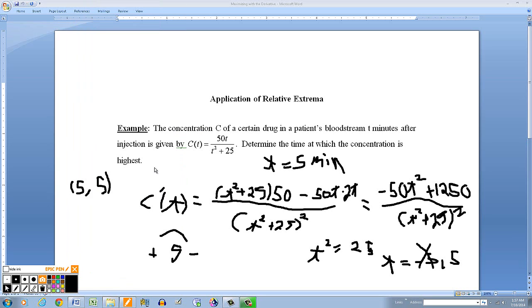Okay, so that's an application of the relative extrema. So again, for this particular problem, the answer would be 5 minutes. Determine the time in which the concentration is highest. It's 5 minutes. And if it asks, what is that maximum concentration? Well, in this particular case, it's also 5. Okay. The first component gives you the location, and the second component gives you the actual value of the maximum, or in some cases it could be a minimum, depending on what they ask you.